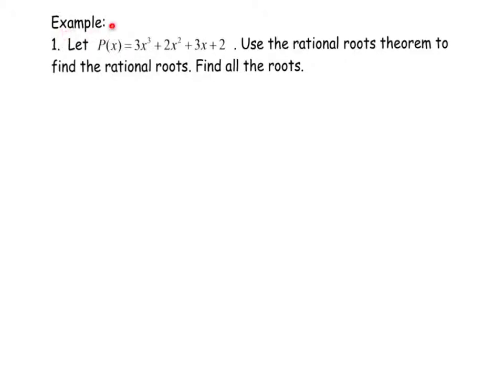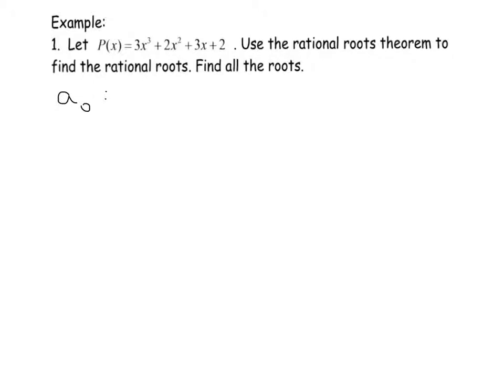Let's see in our example number 1, where p of x equals 3x to the third plus 2x to the second plus 3x plus 2, how this rational roots theorem works. We will also find the roots. So let's get started and find the factors of a_0, which is our constant term.